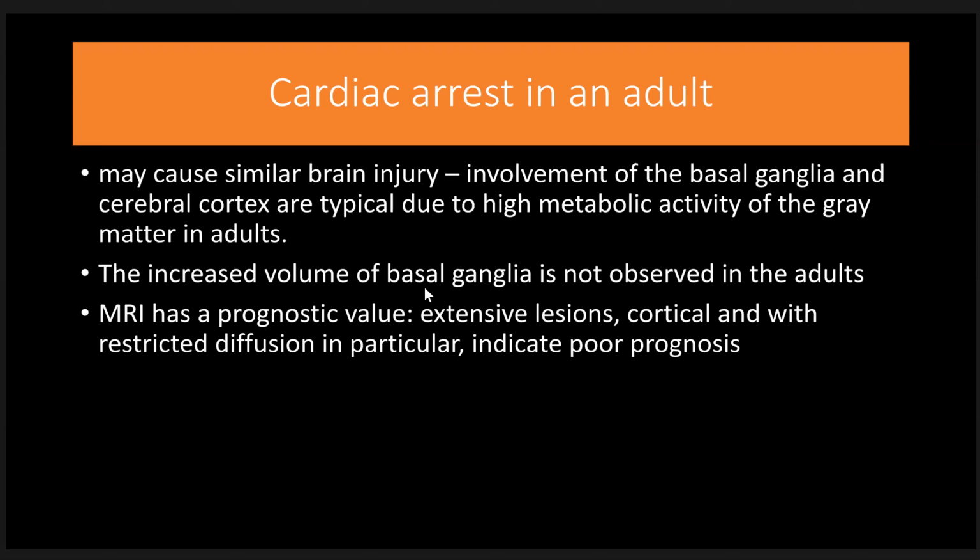The increased volume of the basal ganglia is not observed in adult as in neonate. MRI has a prognostic value; extensive lesion, cortical and with restricted diffusion particularly indicate poor prognosis.